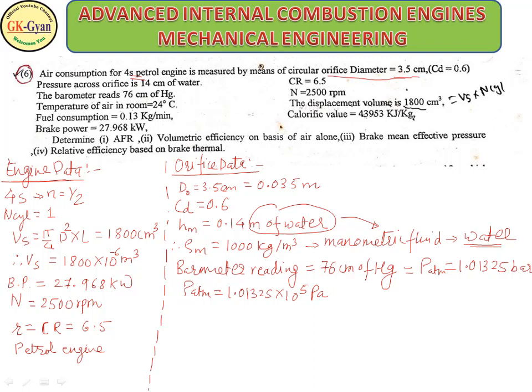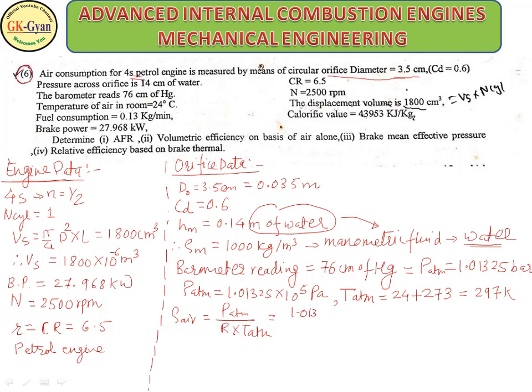Then T atmosphere is 24 plus 273 Kelvin, which is nothing but 297 Kelvin. And find out density of air, rho of air, directly here: P atmosphere upon R into T atmosphere.